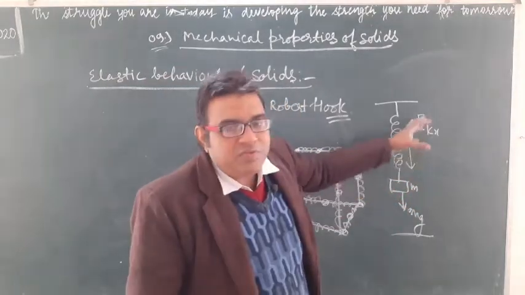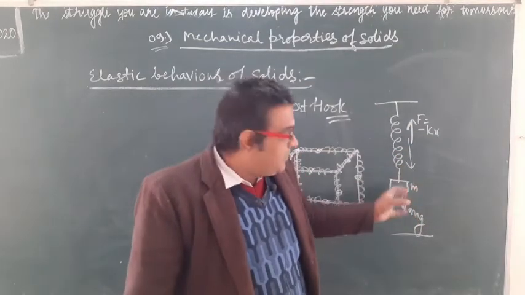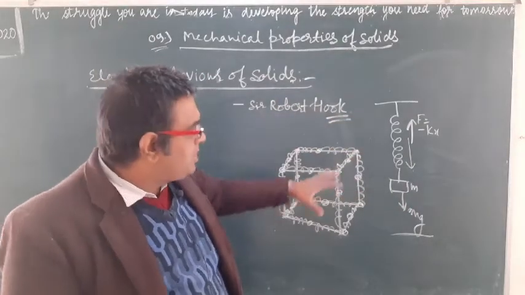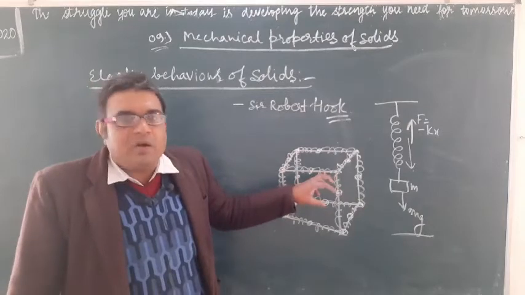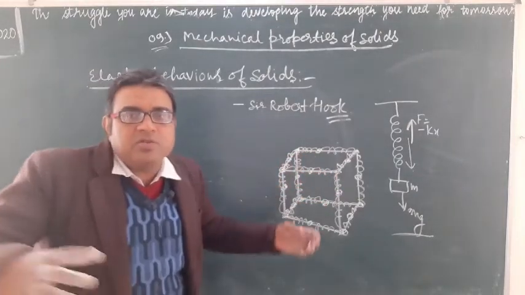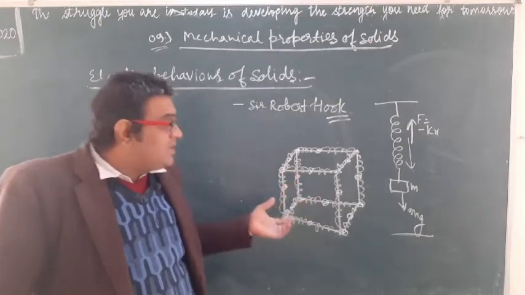So this force develops a restoring force in the spring, so that after removal of the load, the spring can regain its original shape. Similarly here, if forces are applied on this rigid body, it is going to be compressed.